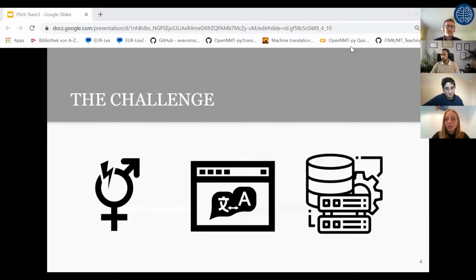So our challenge was, as Danielle had already introduced, to define and analyze gender bias for machine translation systems and/or create a data set or a platform to discuss this case or to gather data.